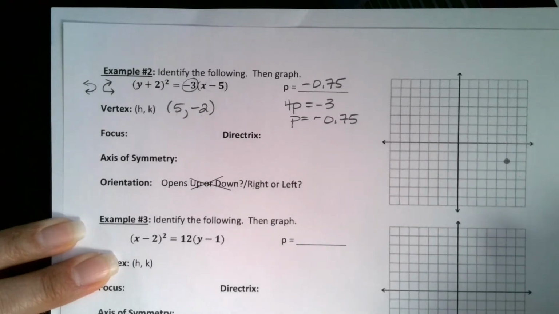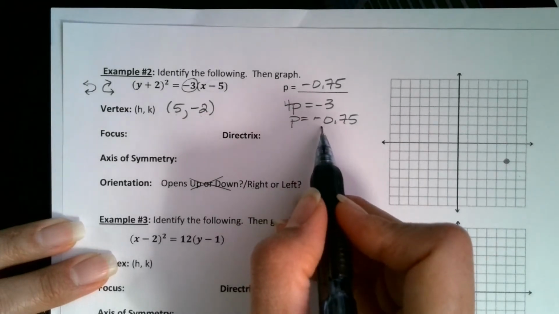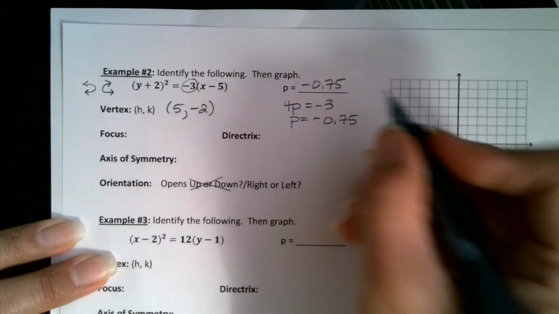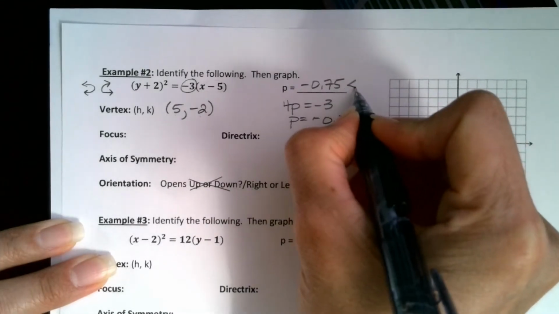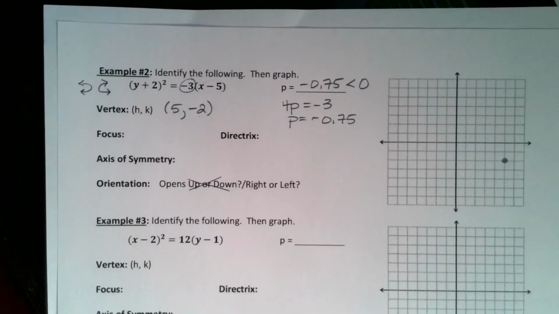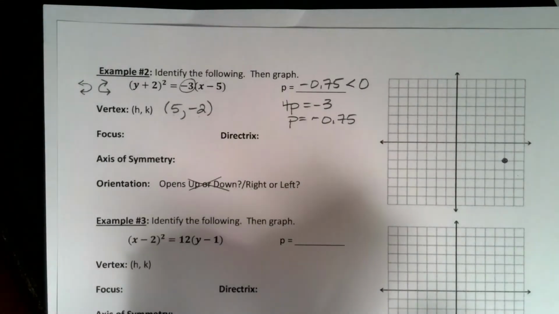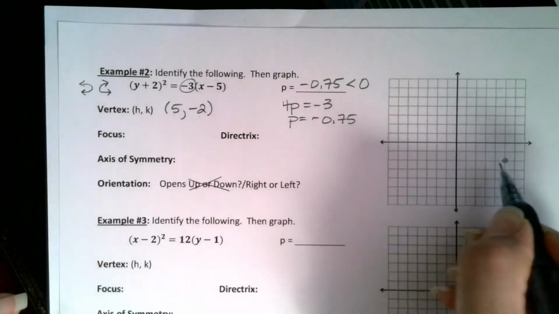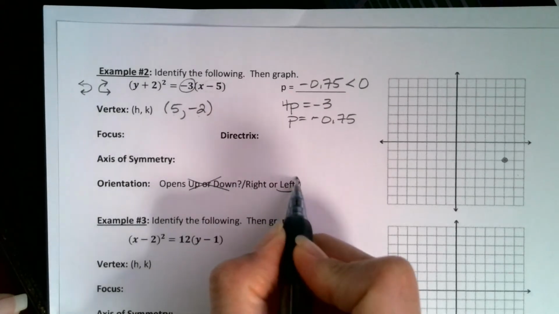Well, we can see that our p-value is going to help us with orientation. Because our p-value is less than 0, meaning negative, that means that our parabola is going to be facing to the left. Okay, so I'm going to say it's pointing to the left.